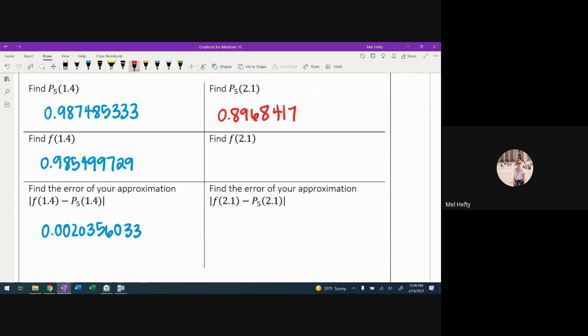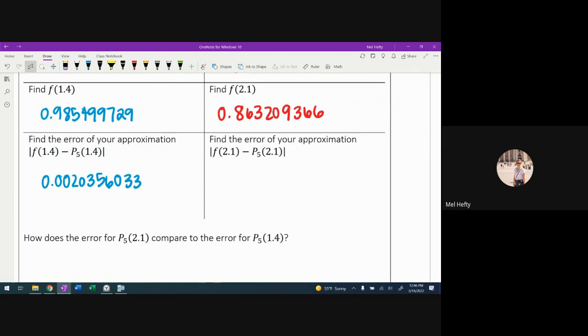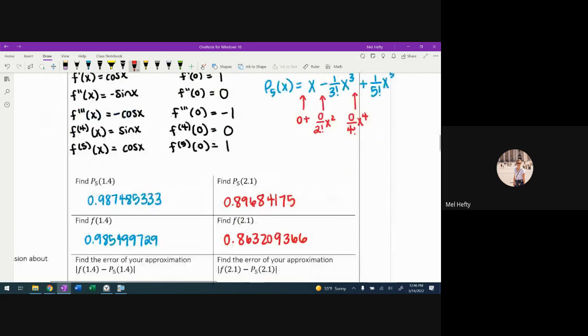Now, if you did do this, or if you're just looking at these now, which one was better? Which one had a better error? Which one had a worse error? More so like, which one had a bigger error? The second one? Why do you think that is? What do you mean it's a bigger number? I don't know. All right.